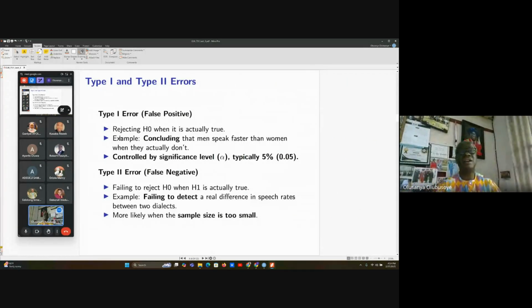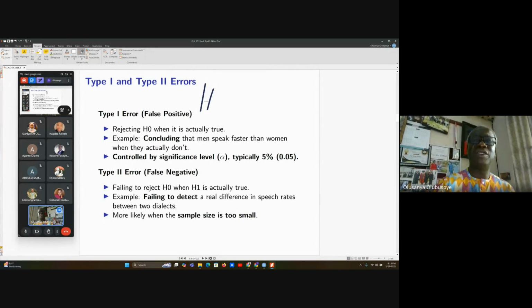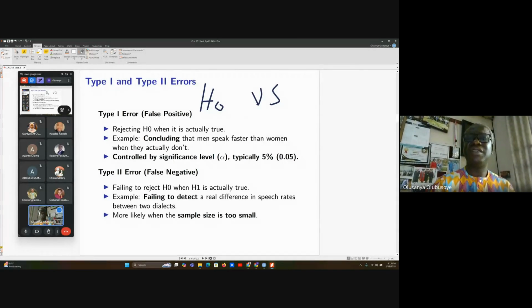So that leads us to two errors that can arise. Remember, we have the null versus the alternative.